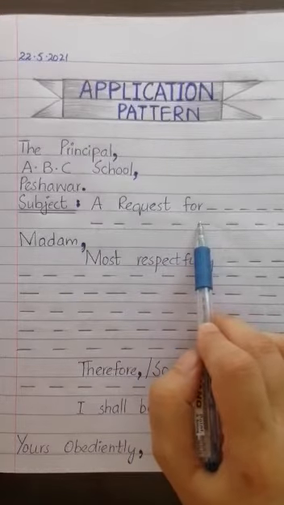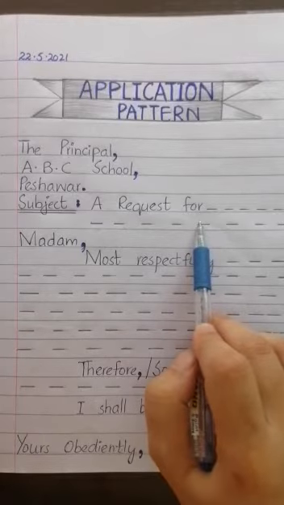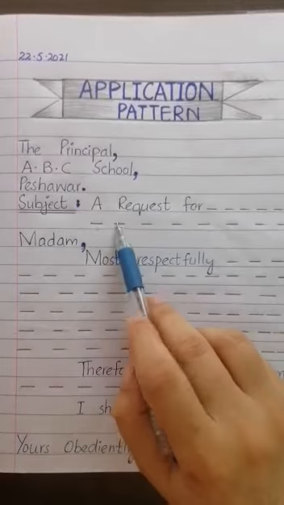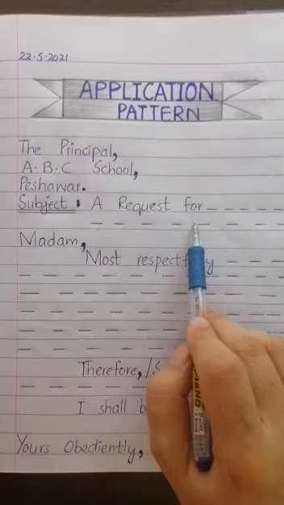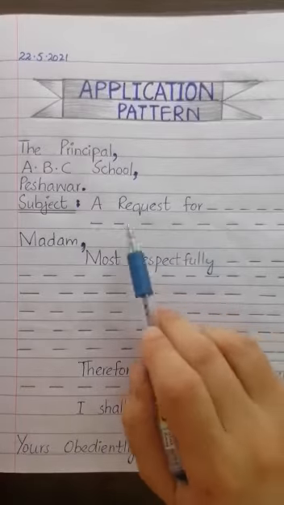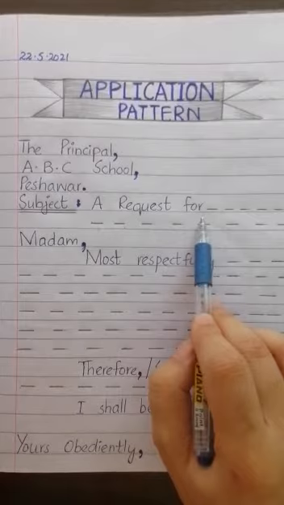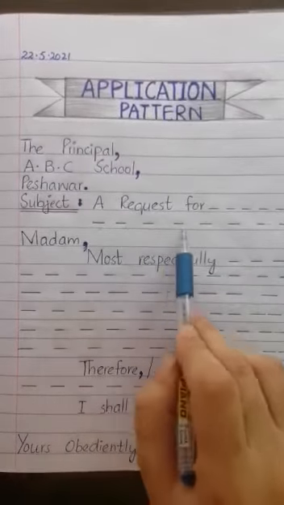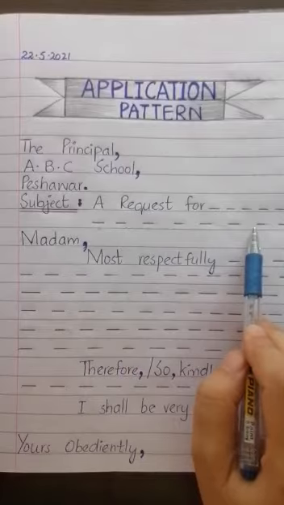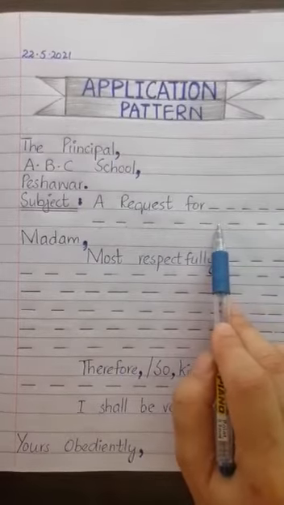If for example you are attending the marriage of someone, in such cases you probably need 2 leaves, so you write here a request for 2 days leave. It depends on your application and you have to write it accordingly. So a request for is a must. Your subject will start with a request for, and then I have put dots over here, which means that the rest that you write here will depend on your application.